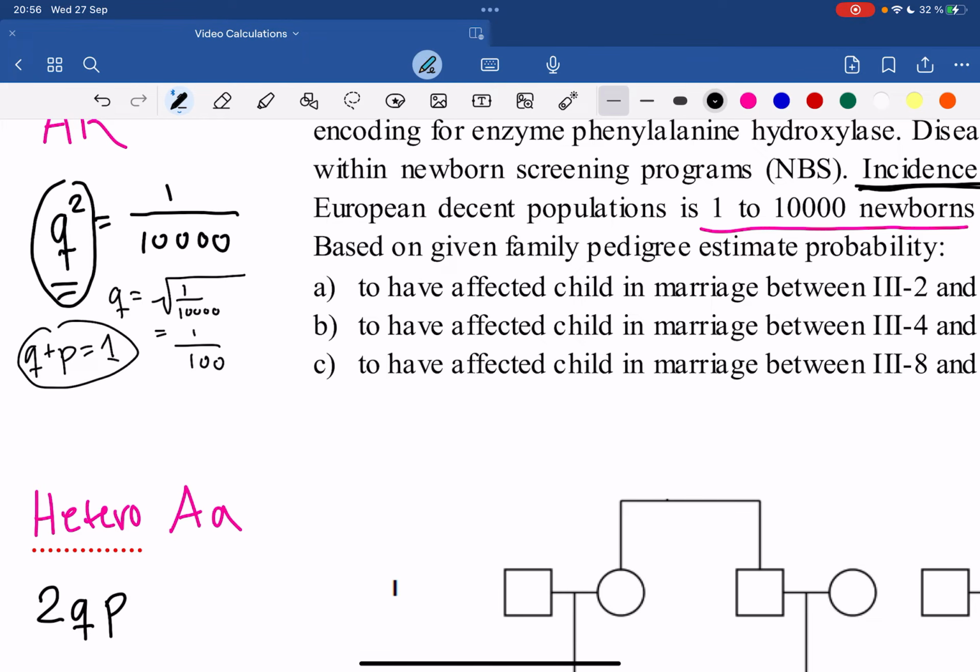This equals q. Now we can get p by taking 1 minus q, which is equal to 1 minus 1 out of 100, so p equals 99 out of 100.